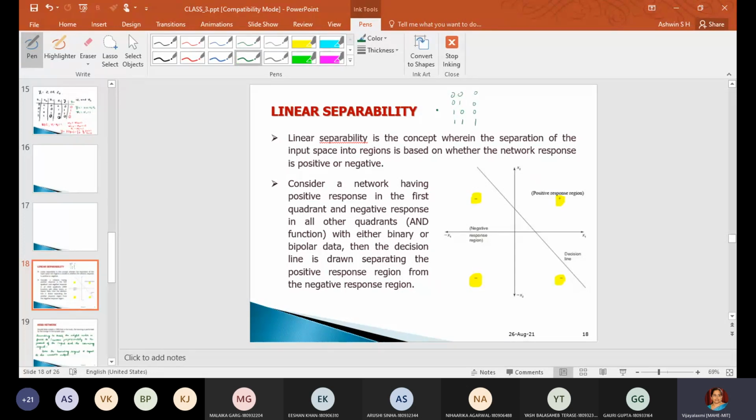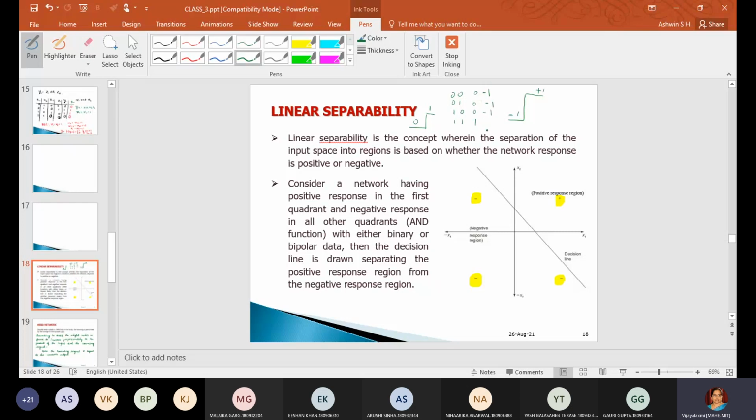Instead of binary input, if we take bipolar input, binary is 0 to 1, bipolar is -1 to +1. So here you replace the zeros by -1 and you write the output. So -1 and -1 will be -1, -1 and 1 will be -1, 1 and -1 will be -1, 1 and 1 will be 1.